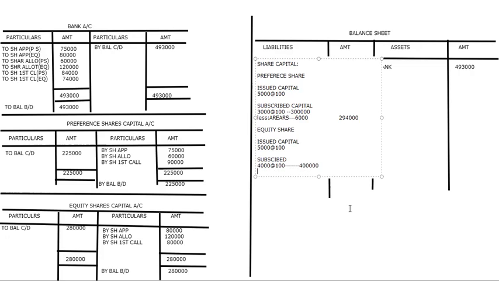But here also I had some calls in arrears. So again I'm going to write arrears, 6,000 again. So when I minus, how much am I going to get? 3 lakhs 94,000.